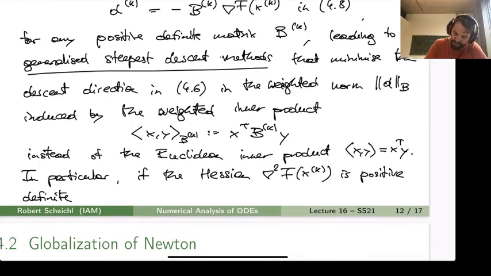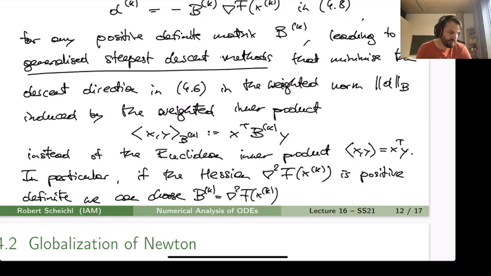We can choose bk to be actually the Hessian of capital F of xk, and we can choose alpha k to be equal to 1, which reduces to Newton's method.